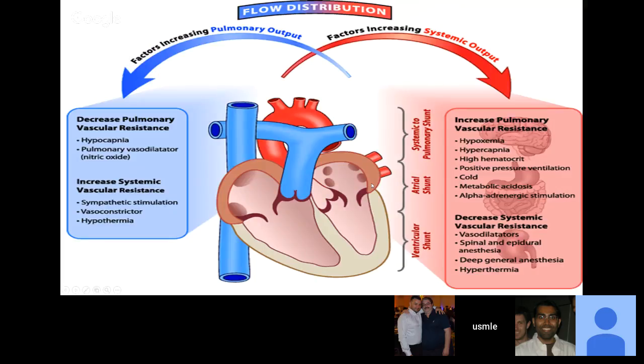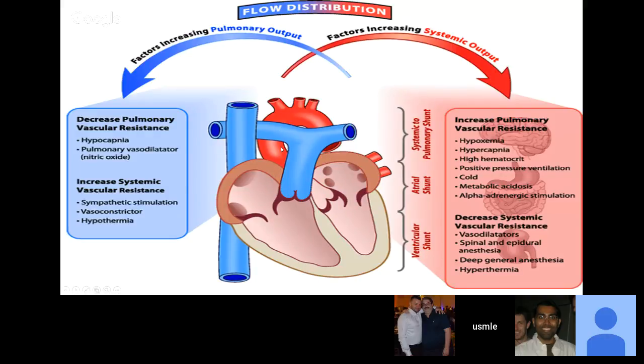So flow distribution is going to depend on cardiac output as well, because remember, one side of the heart sends the blood and the other side receives the blood. So it can become a resistance versus cardiac output. Anything that has an influence on the flow or the pulmonary output depends on whether it's venous or arterial, so right heart versus left heart.